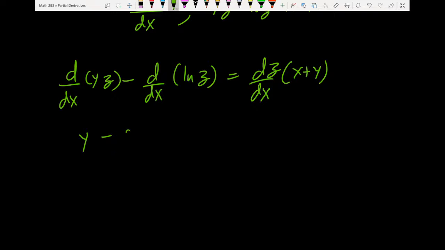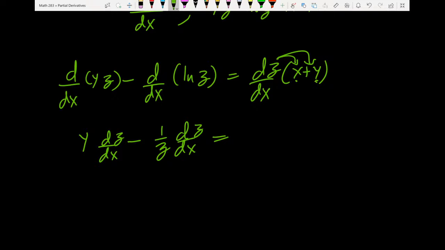You still have dz/dx. And then there's no z, this right over here. We're doing it with respect to x, and this is a constant number, so it's just going to be 1, and this is going to be 0.